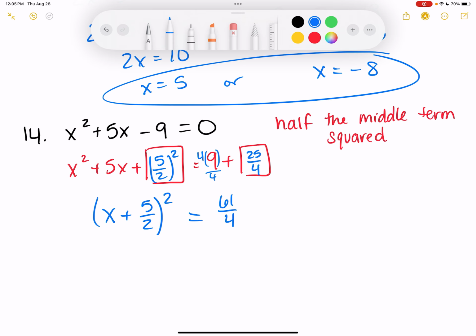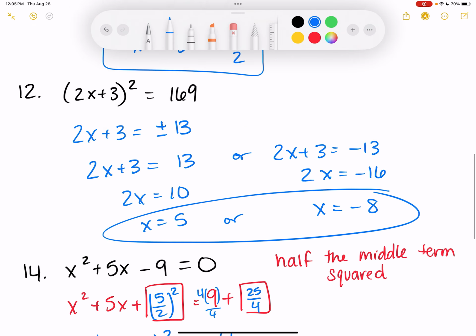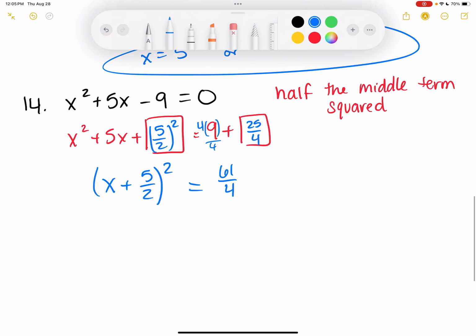Now I've done the hard part. I'm back up here now to taking the square root of both sides. So x plus 5 halves is equal to the square root. Plus or minus? Just going to see if somebody was finally going to tell me plus or minus. Yes, plus or minus the square root of 61 over 4.